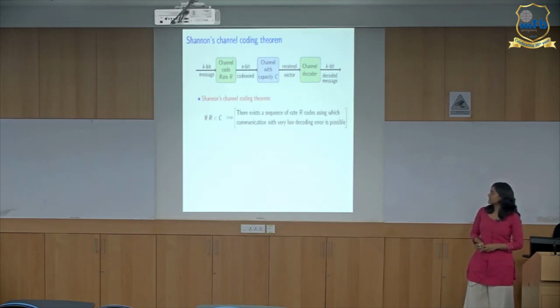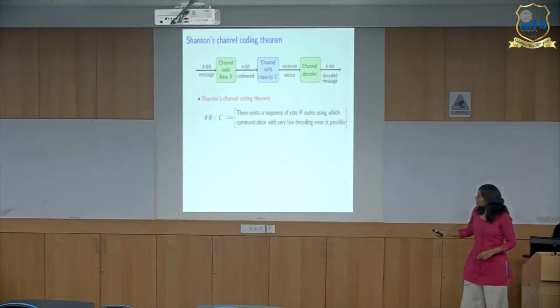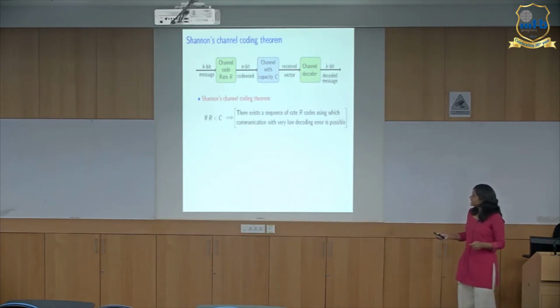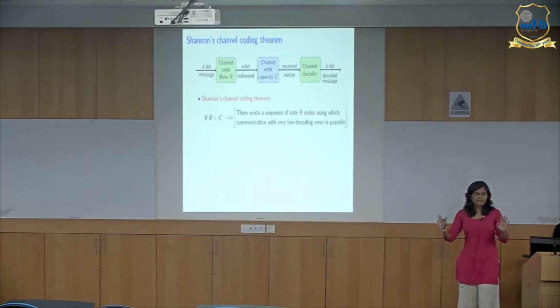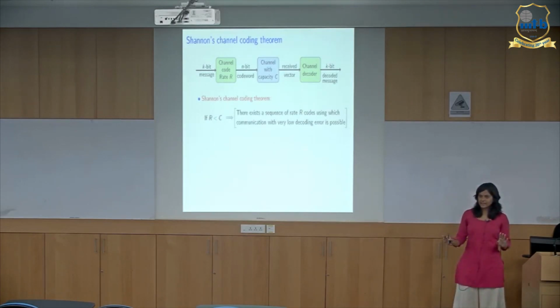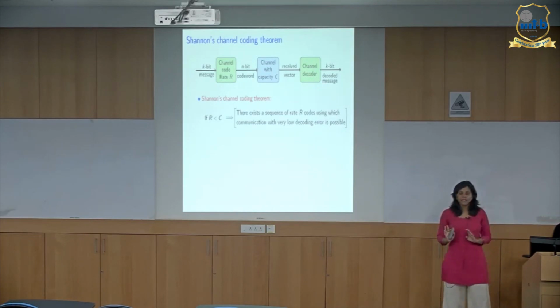Now for such a system, Shannon's channel coding theorem says that if the rate of the channel code is less than the capacity, then he guarantees that there exists a sequence of rate R codes using which reliable communication with very low decoding error is possible. Basically what this theorem is saying is that if my rate is less than the capacity, then I can have reliable communication. There will be some code which will allow me to have good reliable communication.